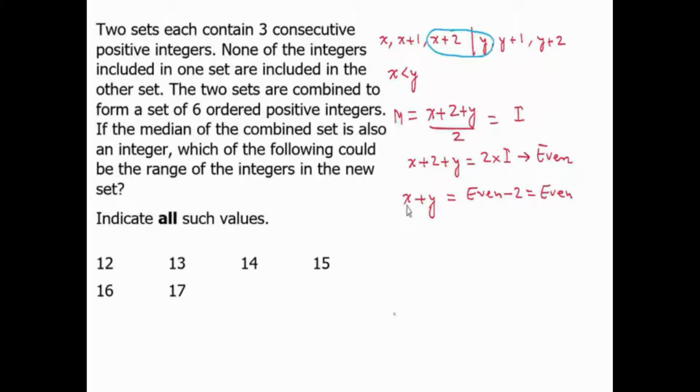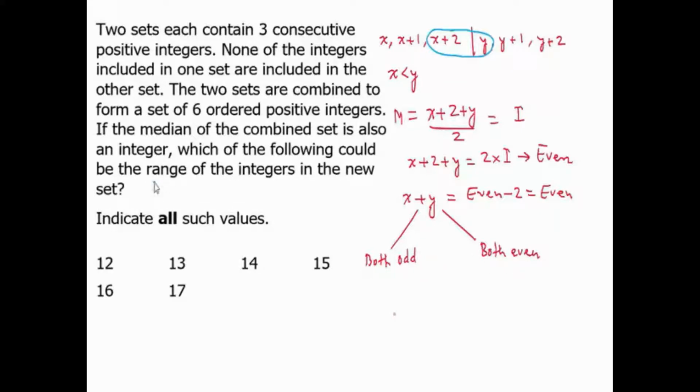Now the sum of two integers can be even either if both of them are odd or if both of them are even. Feel free to verify this with some example numbers.